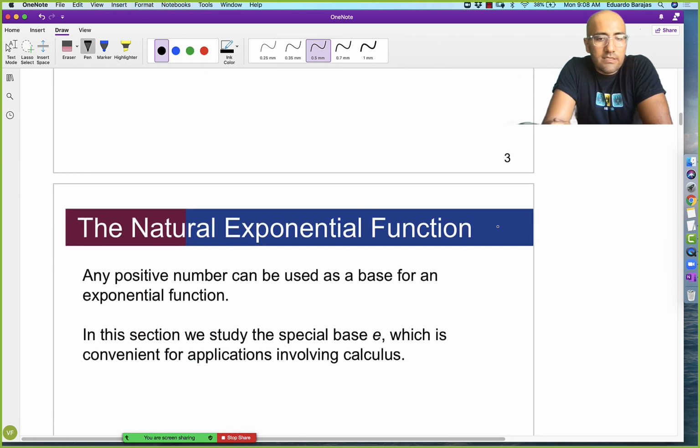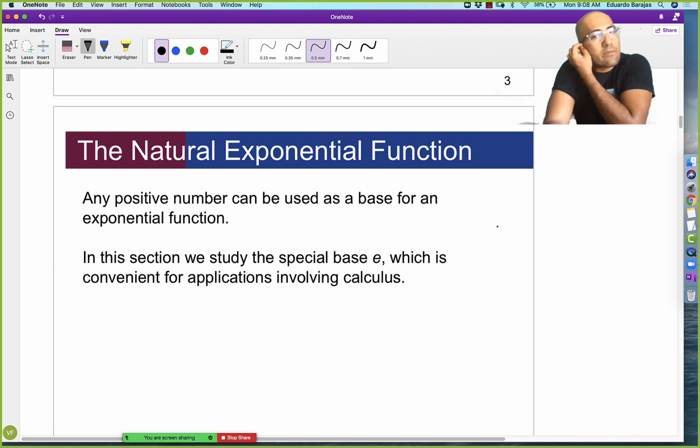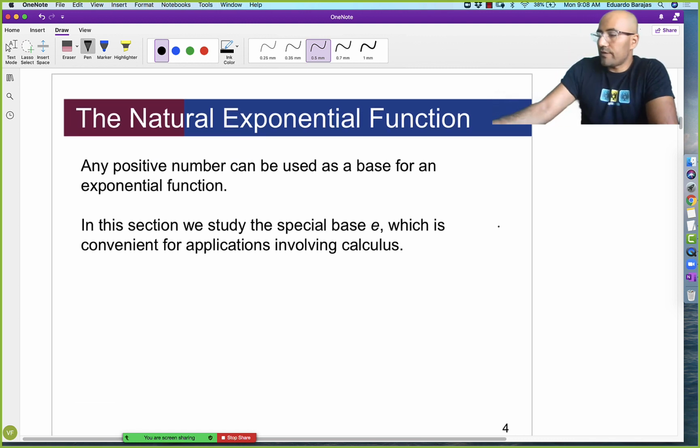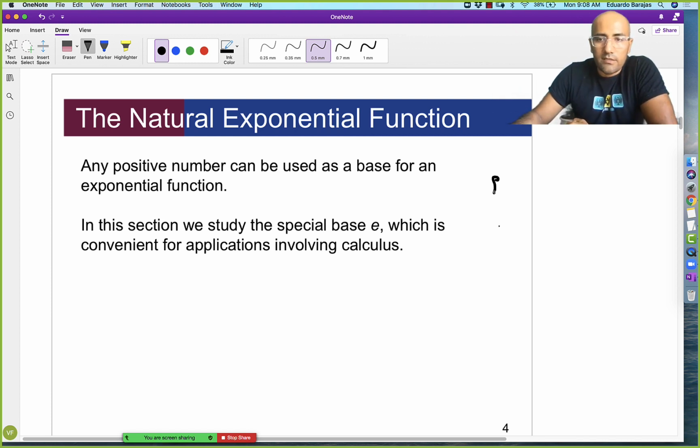Let's consider e. Any positive number can be used as a base for an exponential function, right? Going back to the formula for an exponential function, remember the formula we were looking at was f of t equals some base a to the power of t, akin to f of x equals a to the x power, where a was the base, and it could be any number strictly bigger than 0, to infinity.